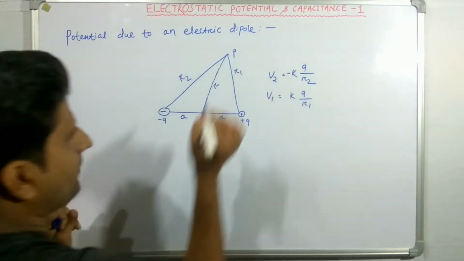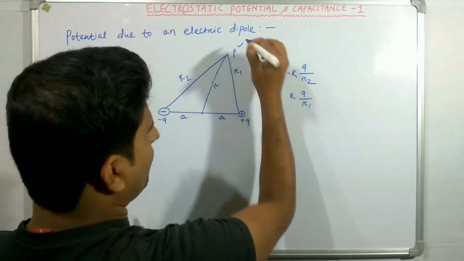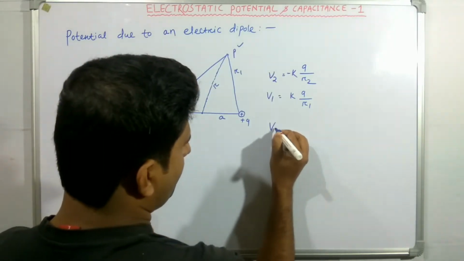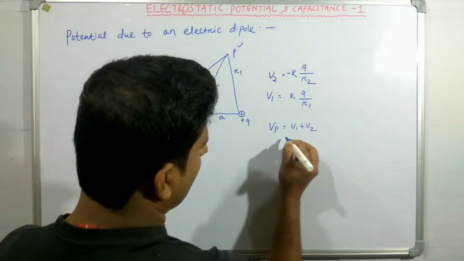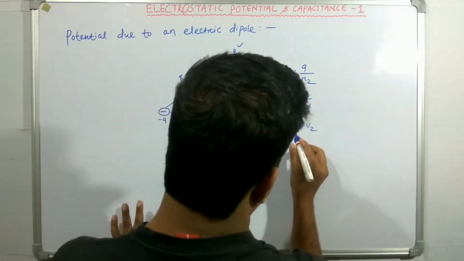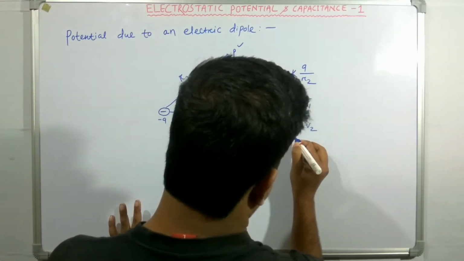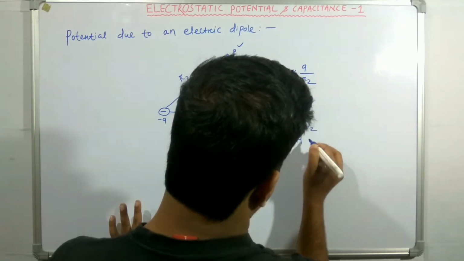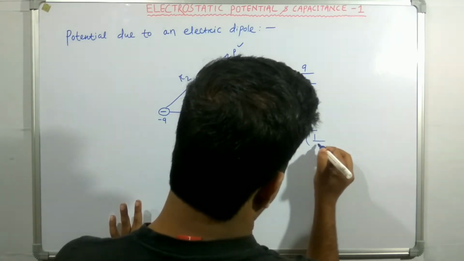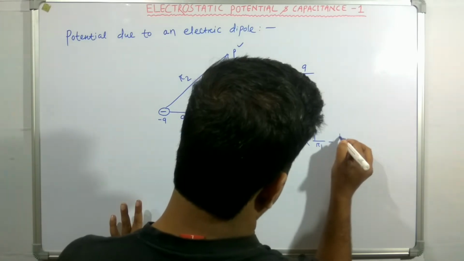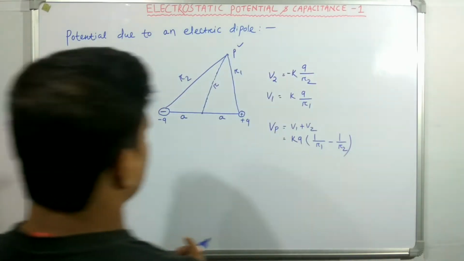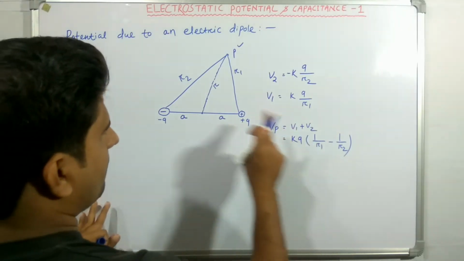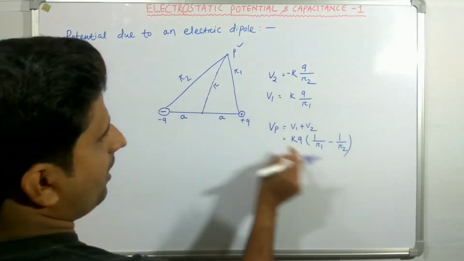So the net potential at P equals V1 plus V2, which equals K Q times 1 by R1 minus 1 by R2. Then we calculate R1.